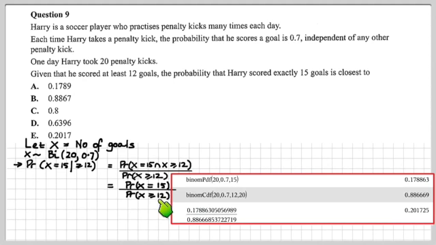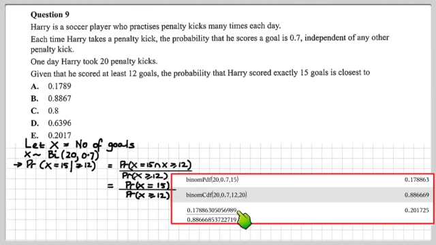And secondly, the denominator bit, I'm using the binomial cumulative distribution function here, saying I've got 20 tries, probability of success is 0.7, and I'm going from 12 to 20 inclusive, that is greater than or equal to 12. Probability of that is this, and therefore 1 over the other.